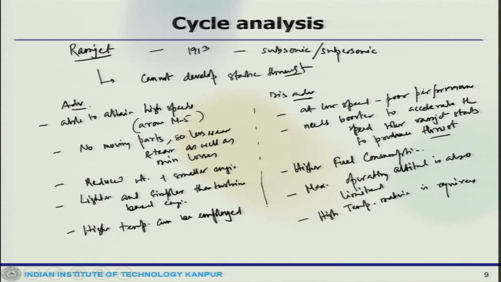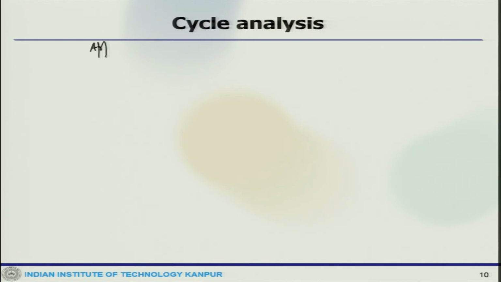So, this is what it needs. These are some of the advantages and disadvantages of the ramjet. Then the other thing is that one can look at where the applications are. One of the important applications is missiles.